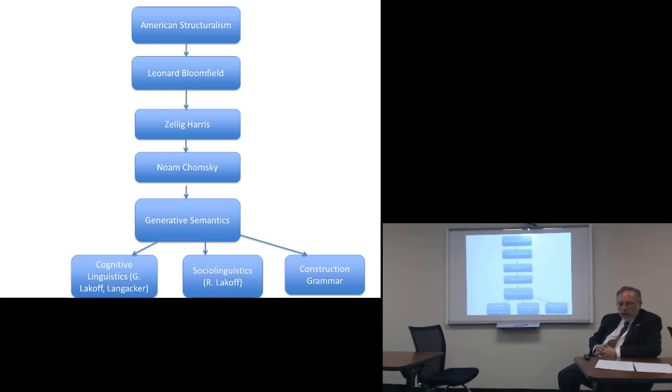Bloomfield influenced Zelig Harris, who came up with the idea of transformations. That is the idea that some sentences are connected with others. So if I say, Mary loves John, and I say John is loved by Mary, one is a positive, the other one is the passive sentence. Zelig Harris said, these two sentences are connected.